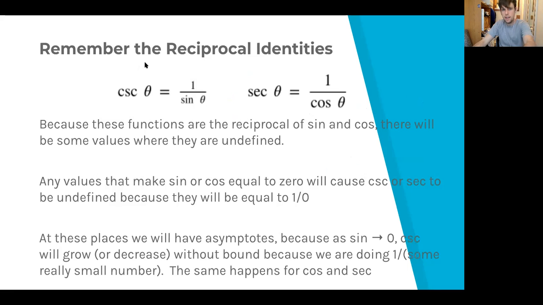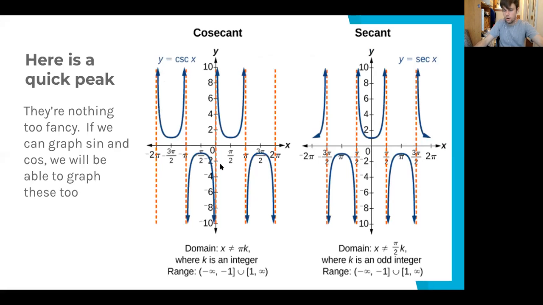Let's go back to that screen of the graph. Hopefully you can see here, we talked about how there were asymptotes at certain values. For cosecant, which is the reciprocal of sine, we have asymptotes at 0, at pi, and at 2 pi. You can see the pattern here, right? If we go backwards, it's at -pi and -2 pi.